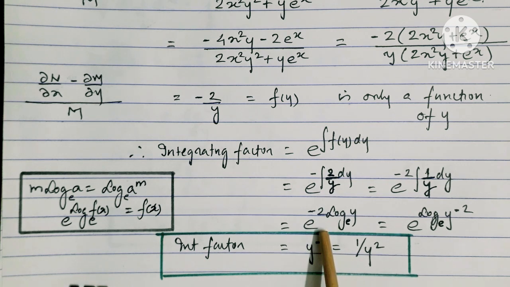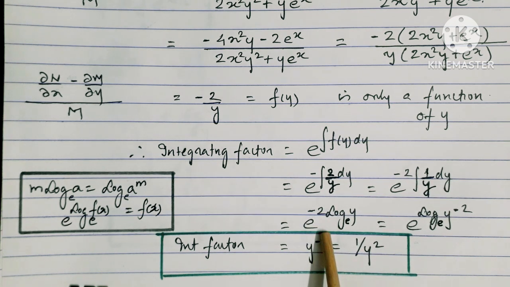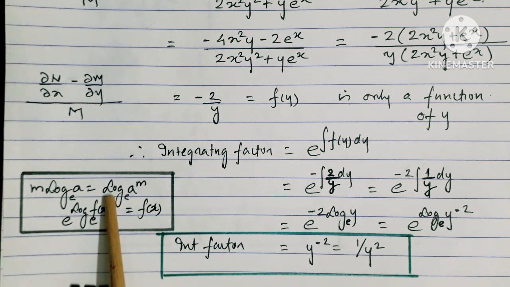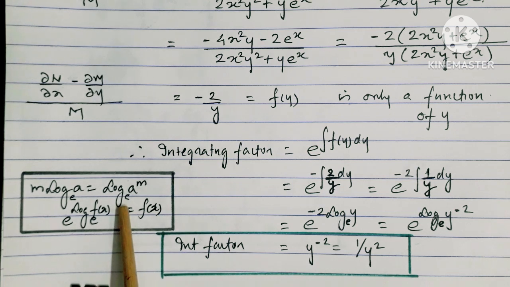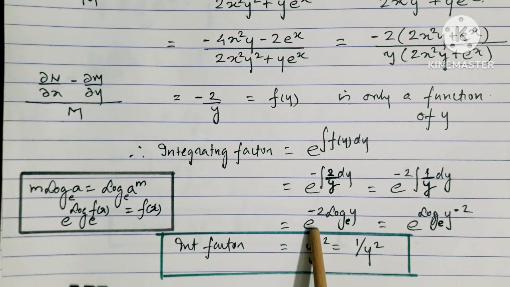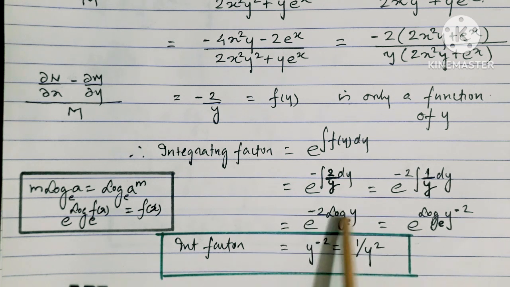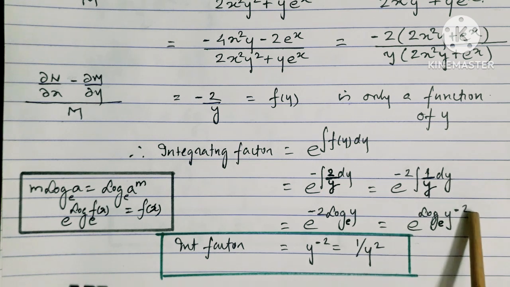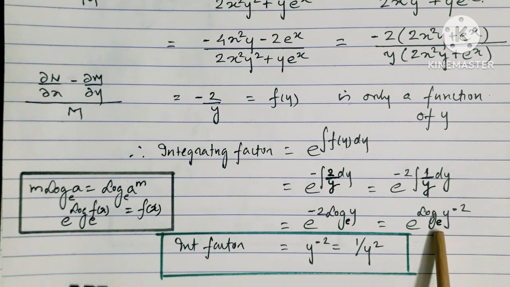Now, we can simplify this integrating factor by using the property of log, which is m log a to the base e is equal to log a raised to m to the base e. Now, we can write the integrating factor e raised to minus 2 log y to the base e as e raised to log y raised to minus 2 to the base e.